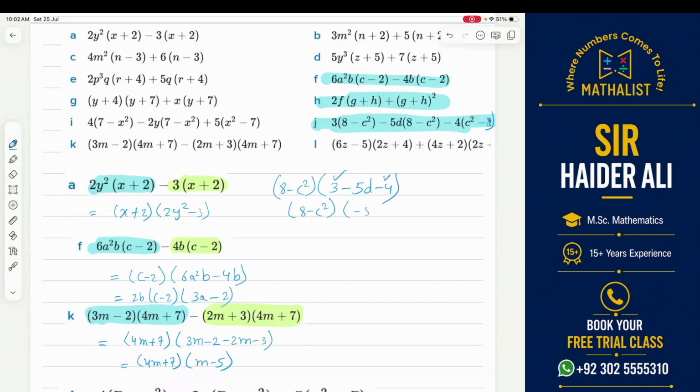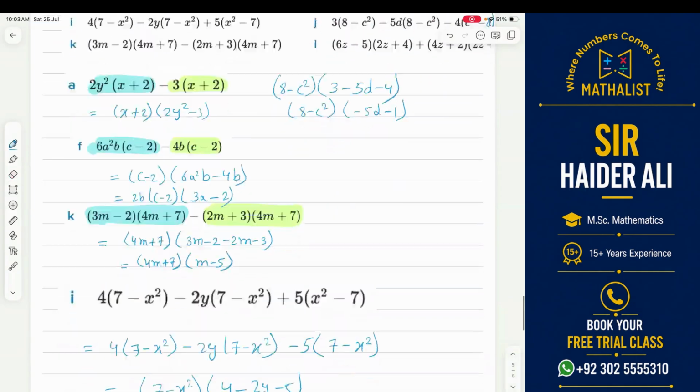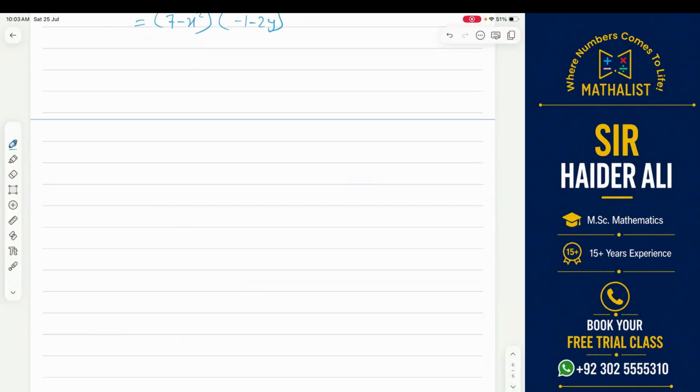It will be minus 1, because minus plus minus, and 4 minus 3 is 1. And you write the sign of the greater term. We will write the sign of the greater term. Clear? Yes. Be careful. And now I am going to start the next type of questions.